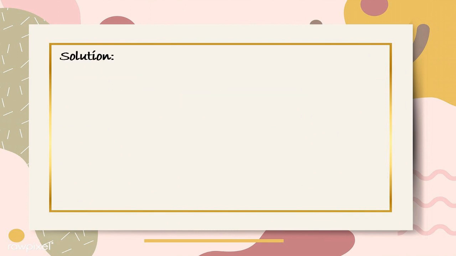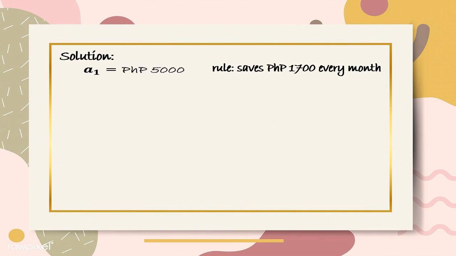Based on the given data, Miss Jersine already saved 5,000 pesos. So that would be our first term. A sub 1 is equal to 5,000 pesos. Then, she's thinking of saving 1,700 pesos every month. Therefore, that would be the rule.